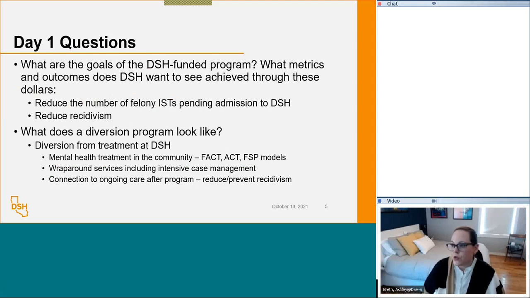So question one, what are the goals of the DSH funded program? What metrics and outcomes does DSH want to see achieved through these dollars? So first and foremost, we want to see a reduction in the felony IST referrals coming to our hospital system.